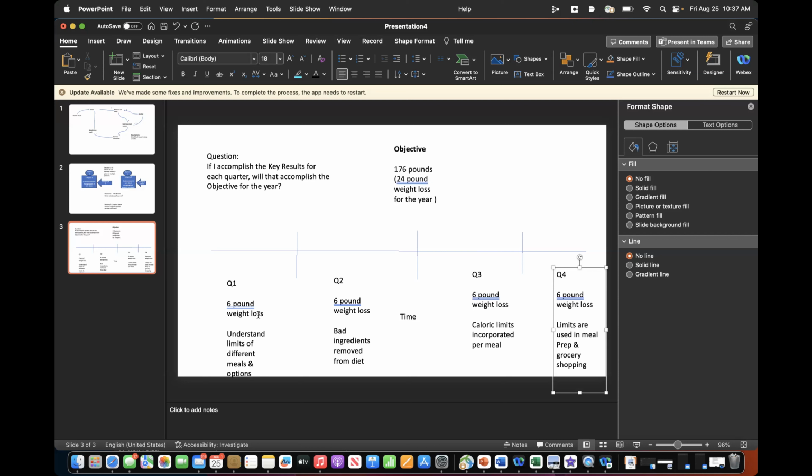So I understand here's my limits, here's how many calories I can have, because here's how many I'm going to burn. And then in fourth quarter, I lose 6 pounds.